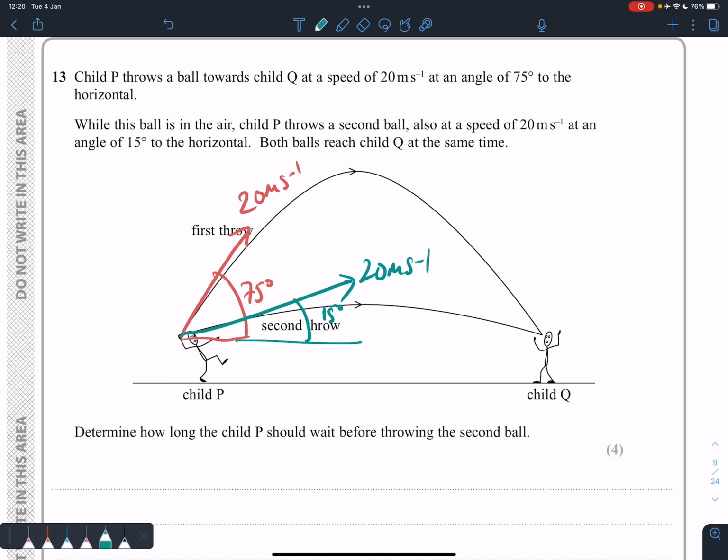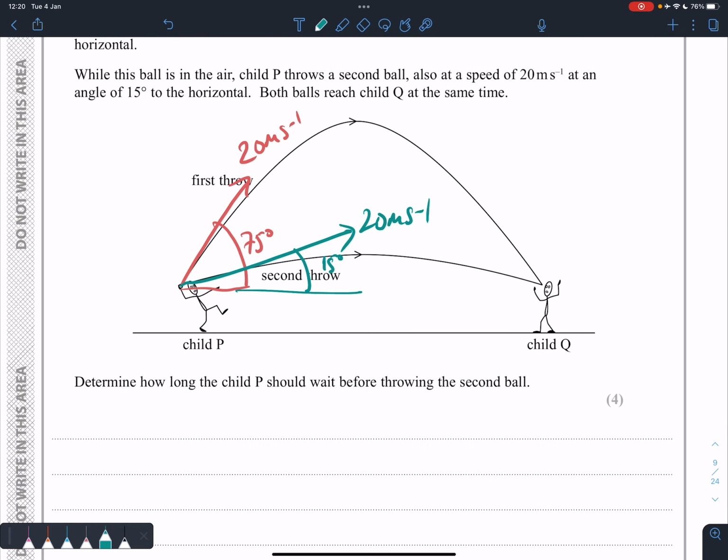Right. So what do you know? The thing about this is, okay, so you've got the first throw. So you go throw 1 and throw 2. And so with throw 1, you've got the time 1 is the whole length of time. Actually, let's do the same colour as before. So this goes up, and so this is T1.